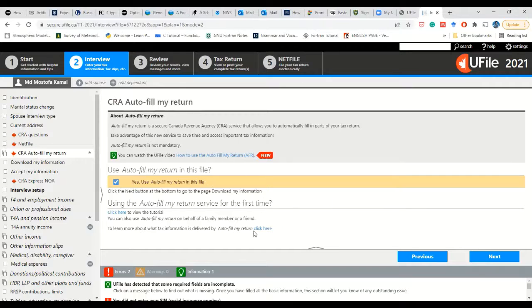Otherwise, you have to open your tax document from last year and manually find all that information and put it here. I'm sure not all of you will be comfortable doing that, so I always prefer to give a tick mark, so it will automatically retrieve all that information.